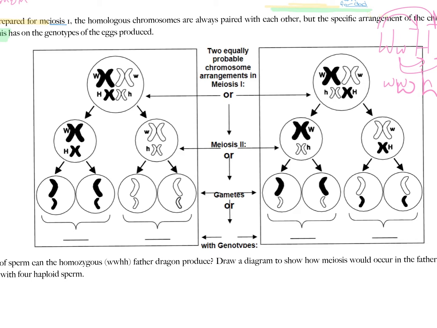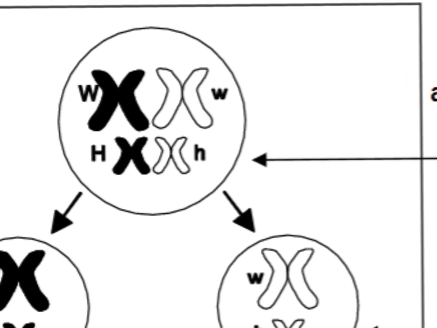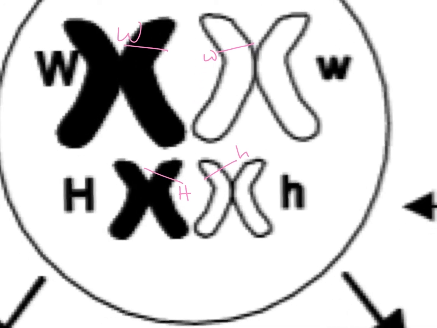This is why they left it off. You got to remember that these are copies, and so you have a big W there. You also have a big W here, and you have a little w over here, and a little w over here as well. You have a big H here, and over here you have a little h, correct? So these two are together. They're copies of one another. This is little w, this is little w, this is big W, this is big W. You got to remember that.